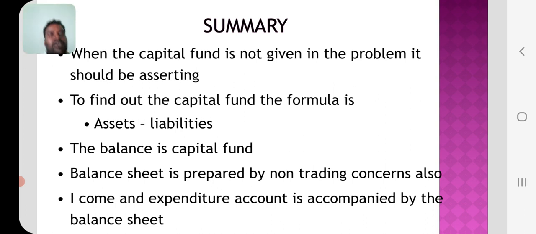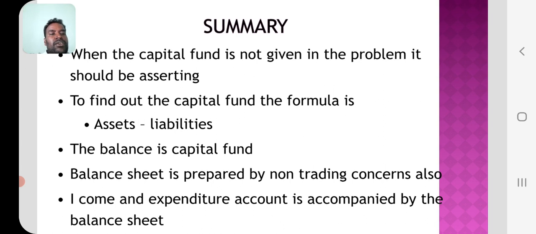Okay. When the capital fund is not given in the problem, to find out the capital fund the formula is assets minus liabilities. In any problem where capital fund is not given, we have to follow this formula, assets minus liabilities; the balance is the capital fund.